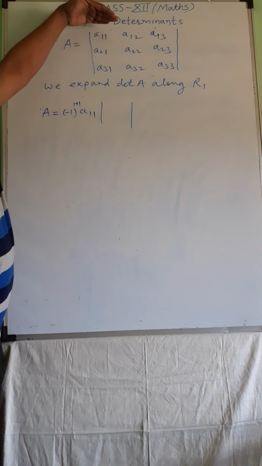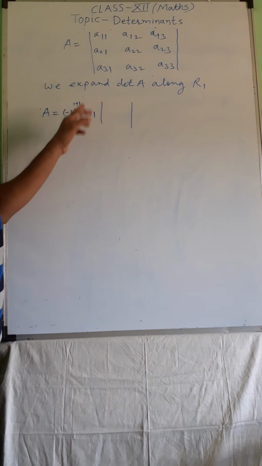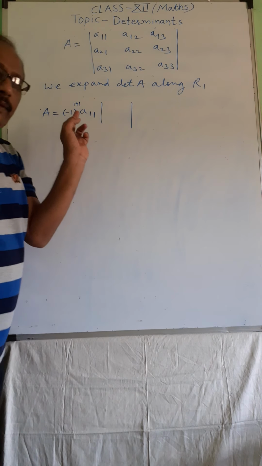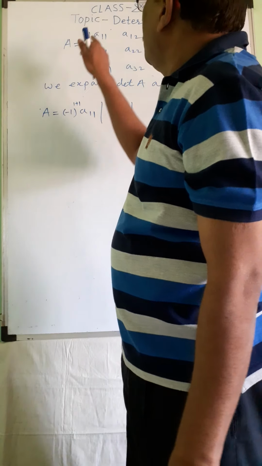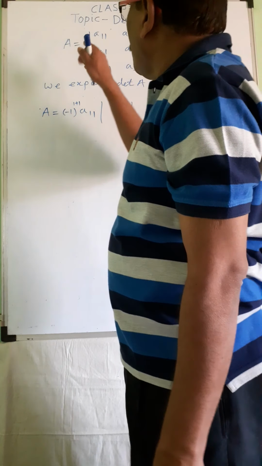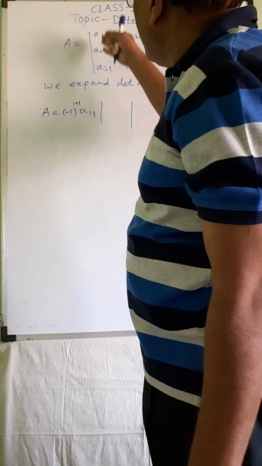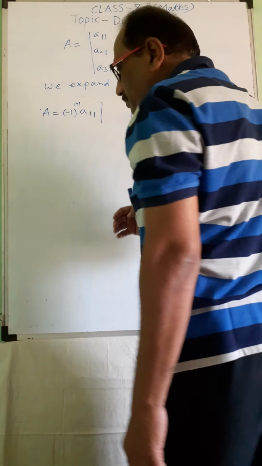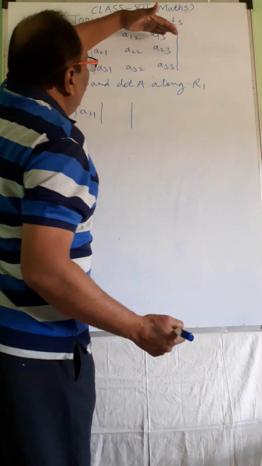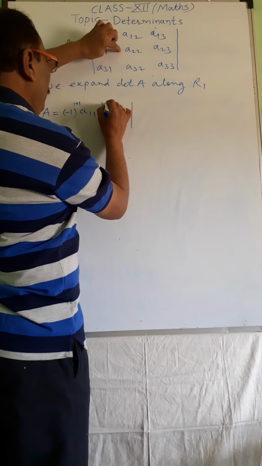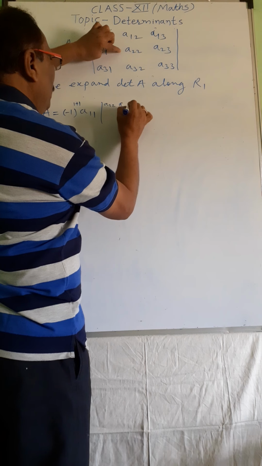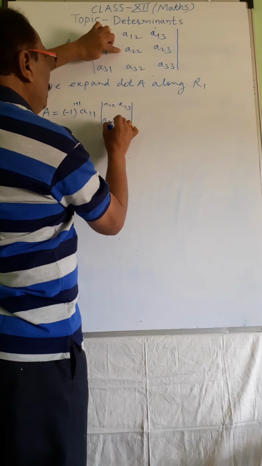Because the element is A11, you remove the first row and first column. The leftover elements will be A22, A23, A32, A33.